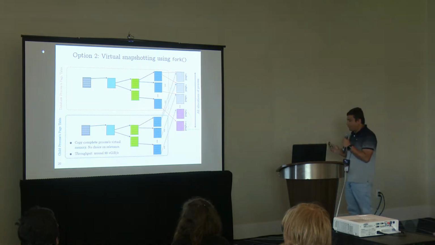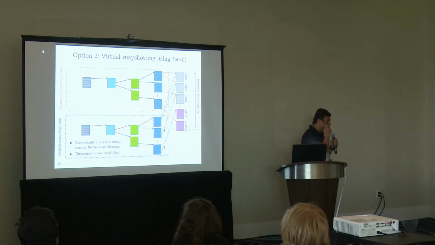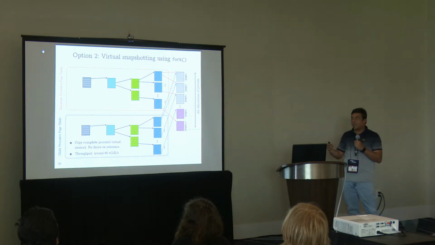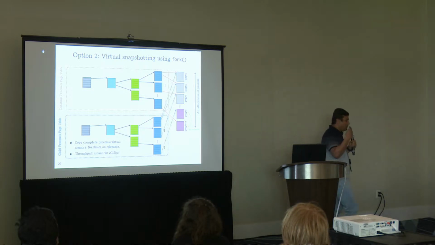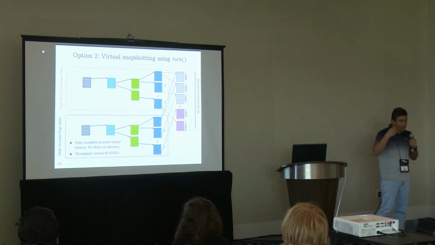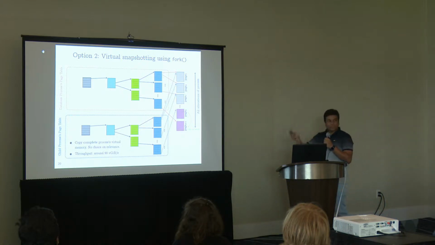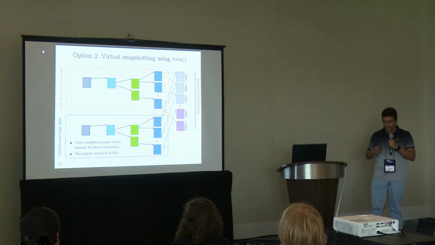With this approach, you get a throughput of roughly 90 gigabytes per second, but it's highly dependent on how large your process is and how much data you actually want to snapshot. You don't have the flexibility to say, I just want to snapshot only a single column. That's not going to happen. You have to snapshot everything.